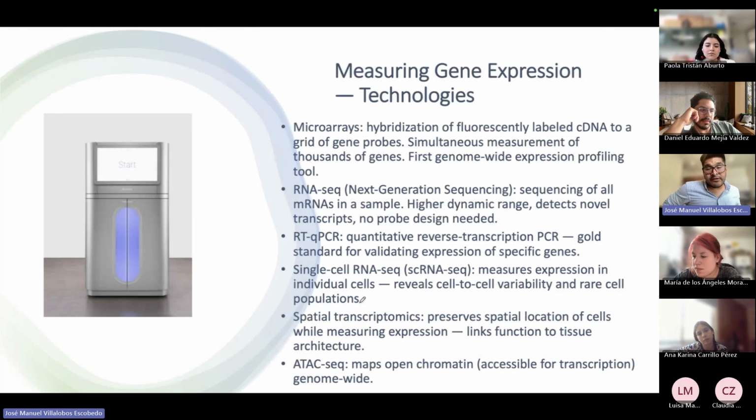How can we know the expression of the genes? Because we are sequencing, usually. Previously, we ran microarrays. Microarrays were super important for a long time because we defined which genes we wanted to evaluate, for example 2,000 genes.